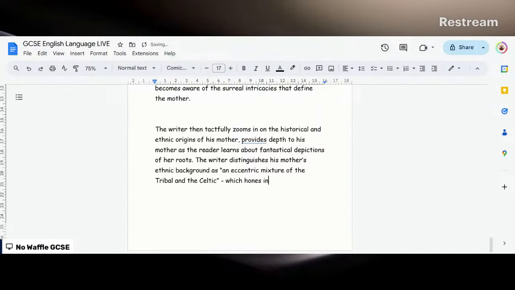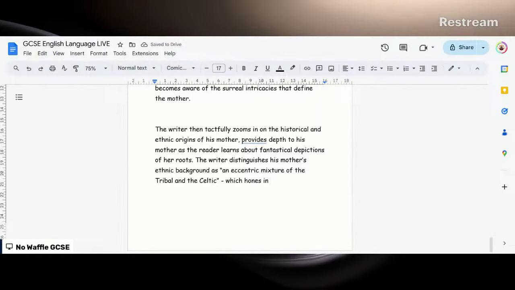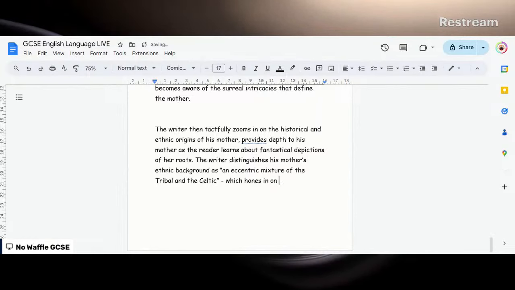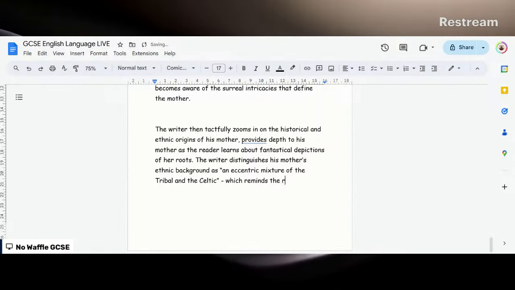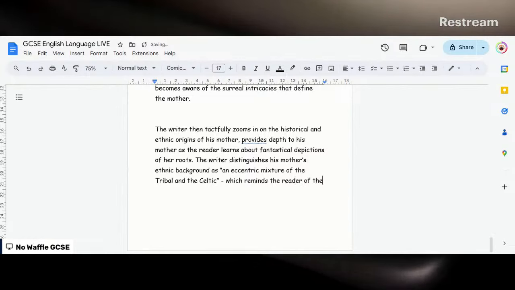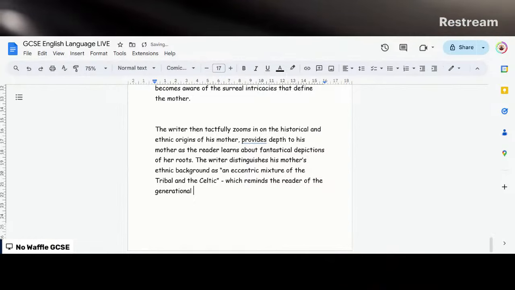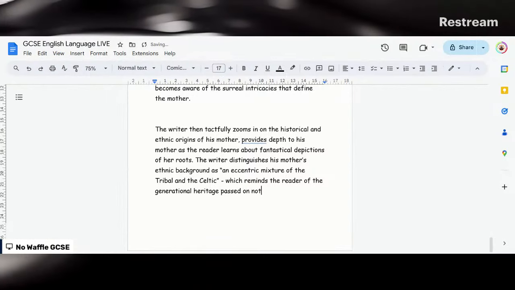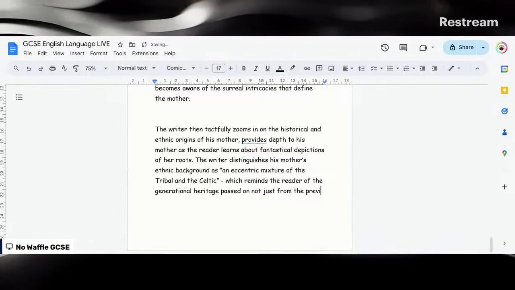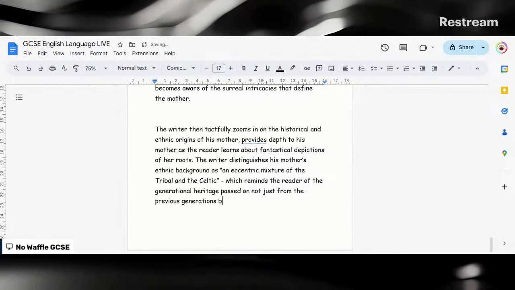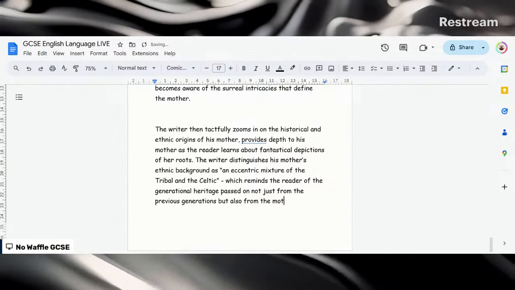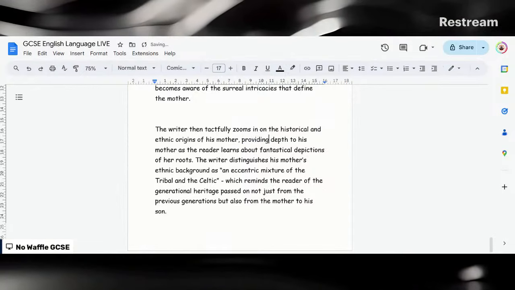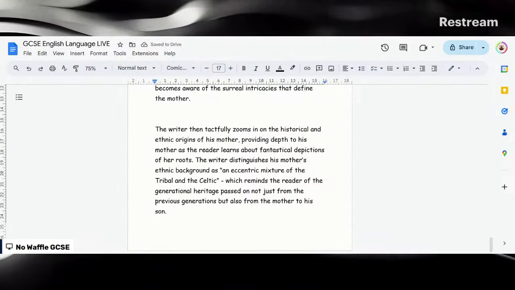Which hones in on the... which reminds the reader of the generational heritage passed on not just from the previous generations, but also from the mother to his son. So it reminds us that the writer has also got that heritage still in the bloodline.